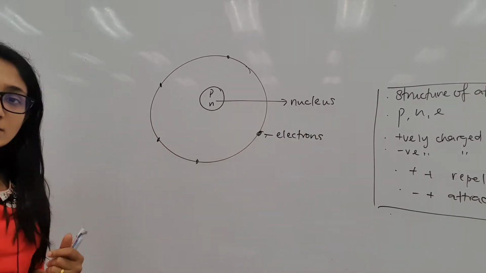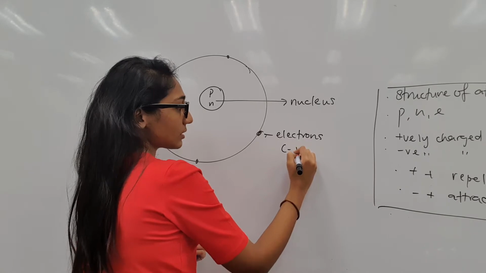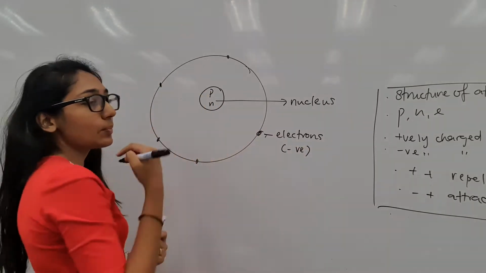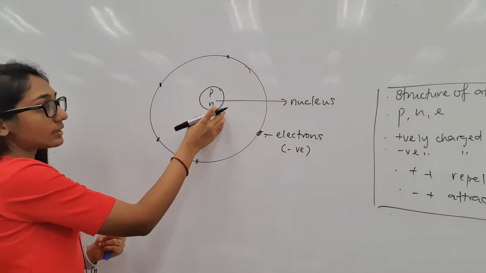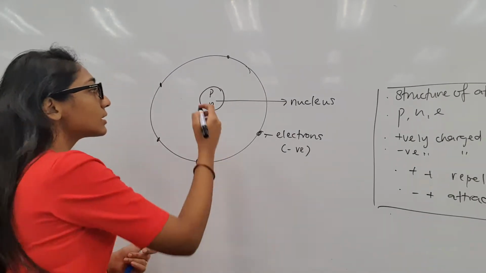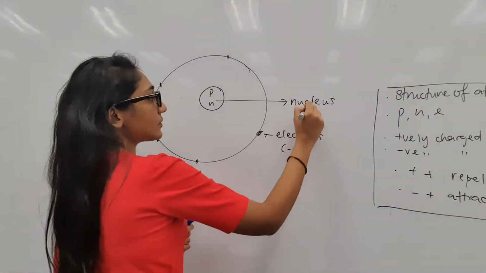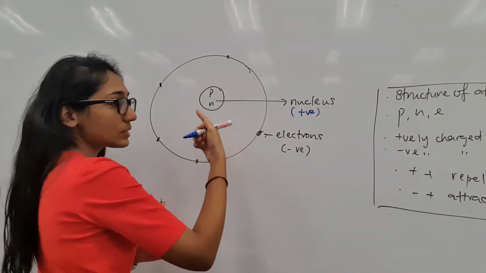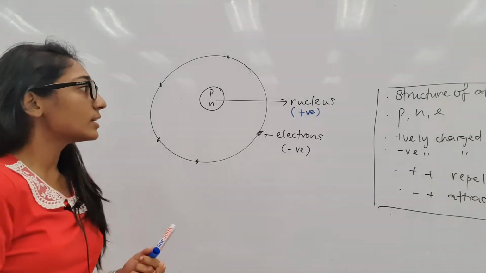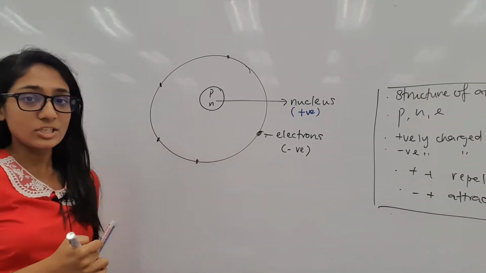Okay, electrons, as we all know, are negatively charged, and protons are positively charged. So because protons are in the nucleus and neutrons have no charge, the nucleus automatically becomes positively charged. Why? Because it contains protons, which are positively charged, and the shell has electrons, which are negatively charged.